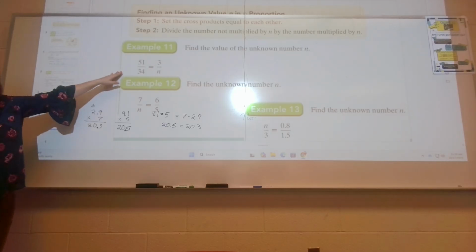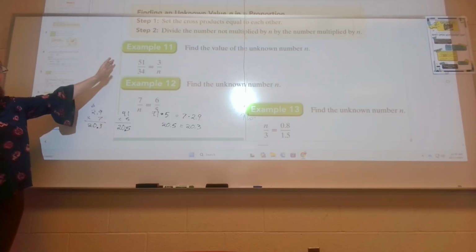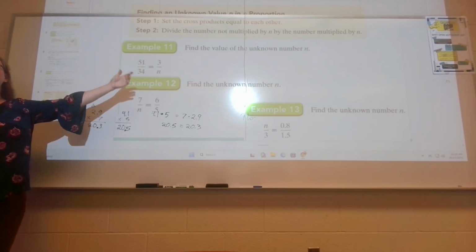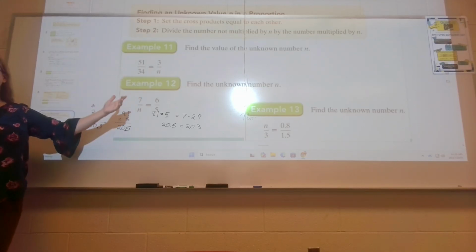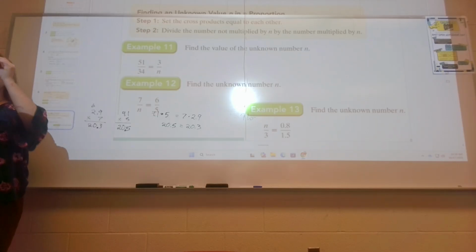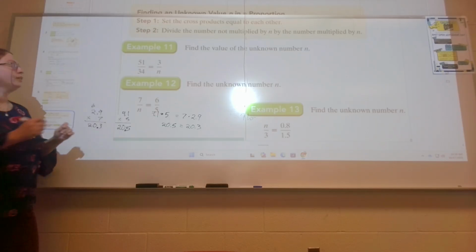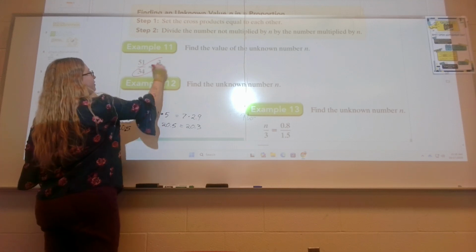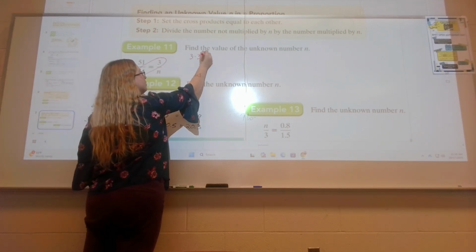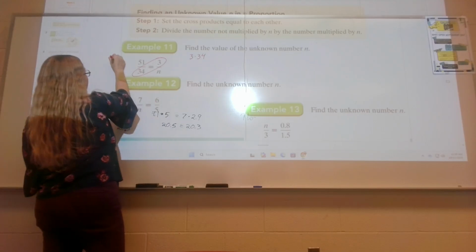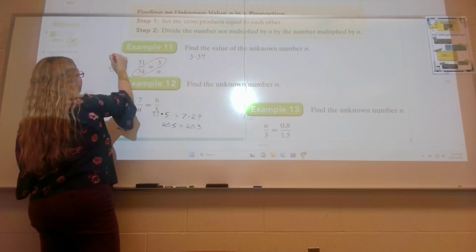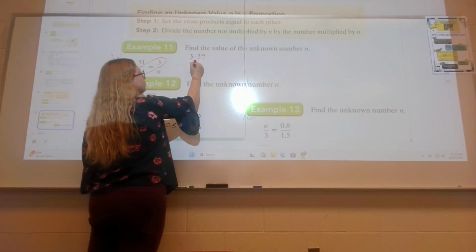But let's just start with what we know. We see a fraction equal to a fraction. Whether we're being asked to check if it's true or to solve, we're still going to have to cross multiply. So at least start by getting your cross multiplication set up. I have 3 times 34, which is 102.